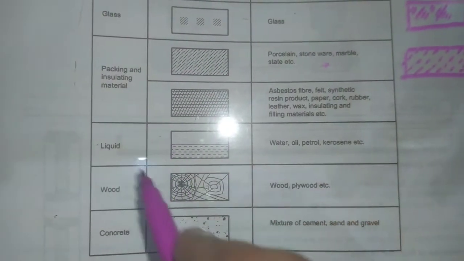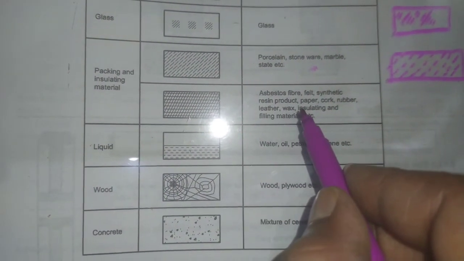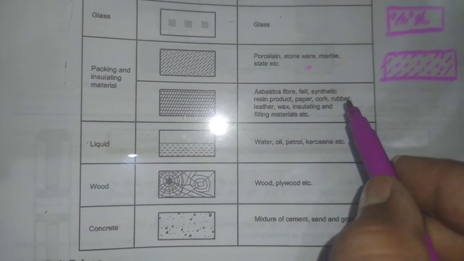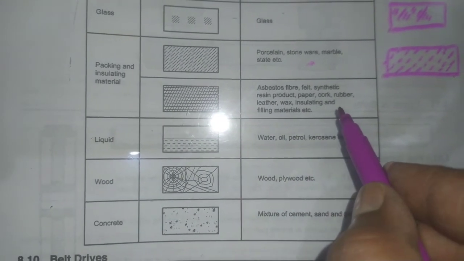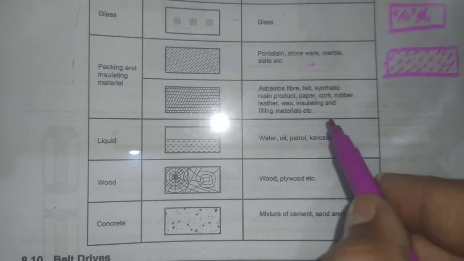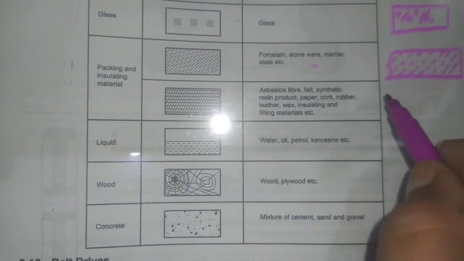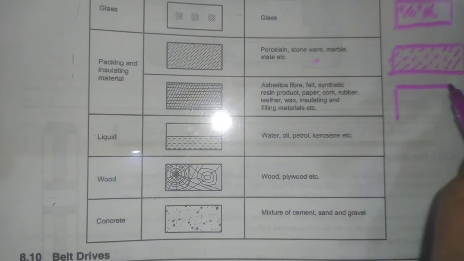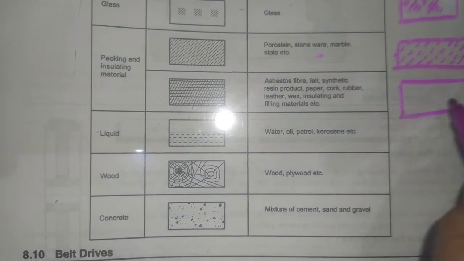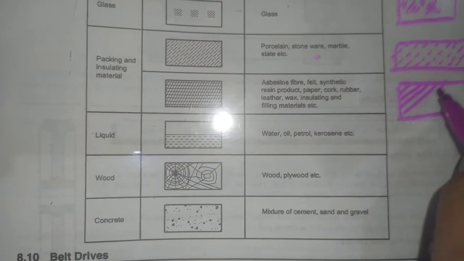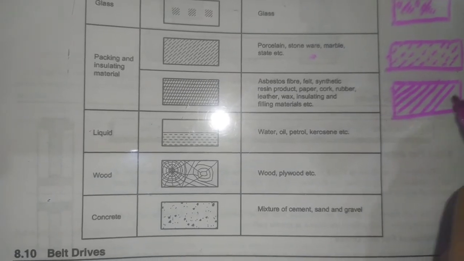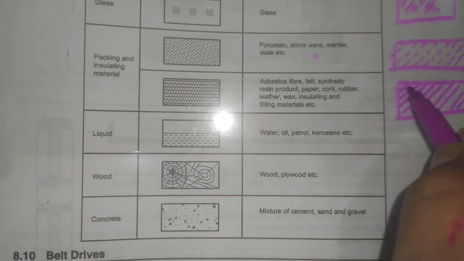Now, if the packing and insulating material is asbestos fiber, felt, synthetic resin product, paper, cork, rubber, leather, wax, insulating filling material, just draw a 45 degree inclined line by the scale and a horizontal line.